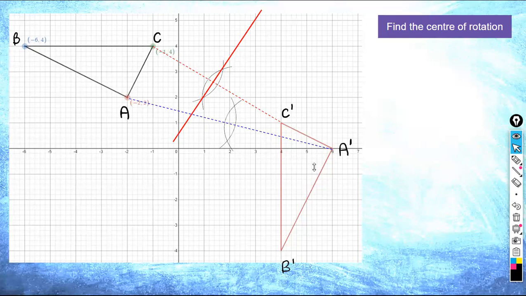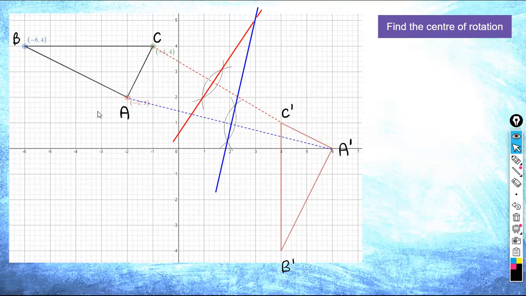Red line, blue line. Tell me what the center of rotation is. Look at it there. What do you think the center of rotation is? Most people are saying it, but some people get it wrong.